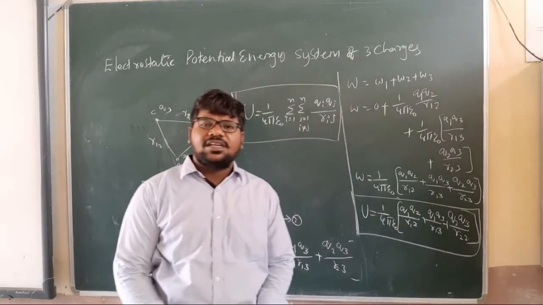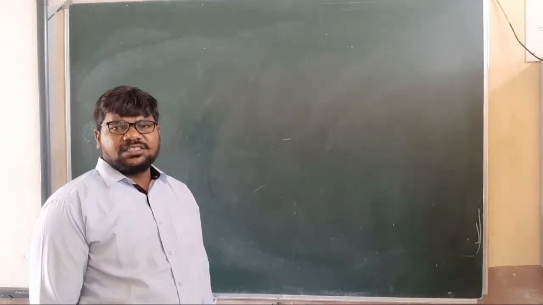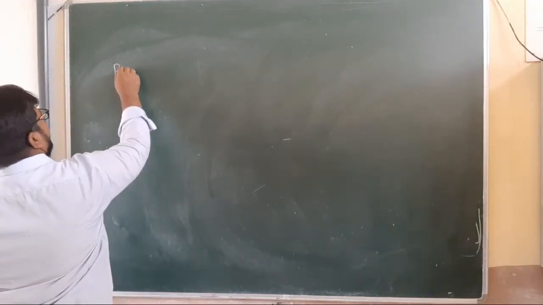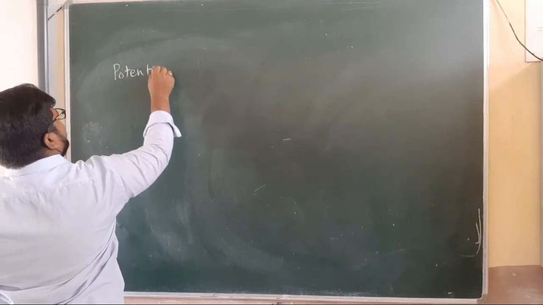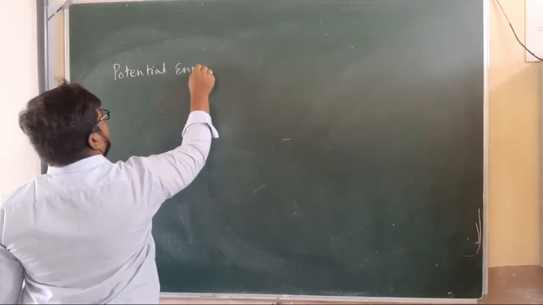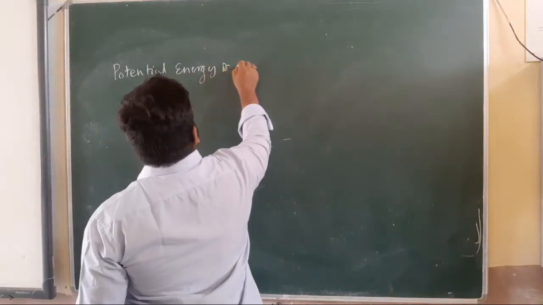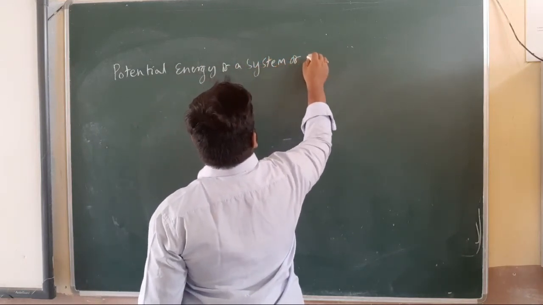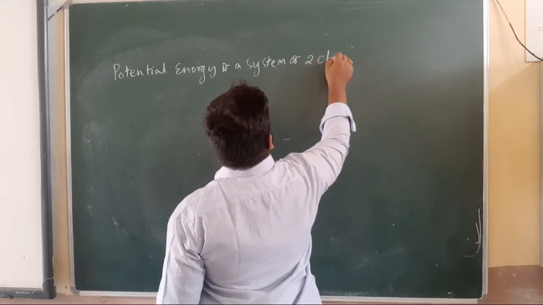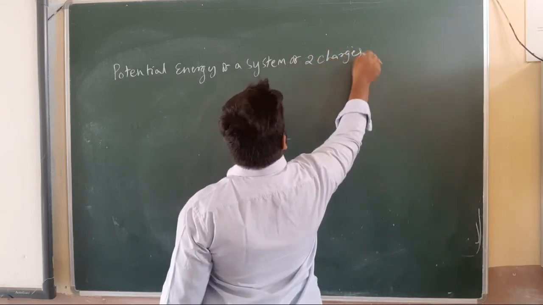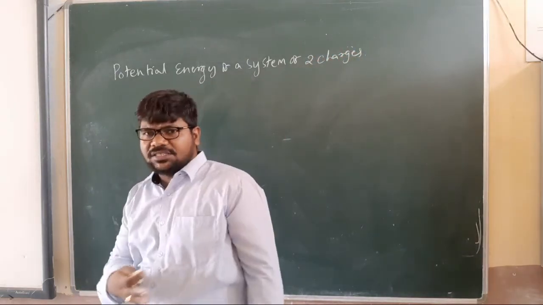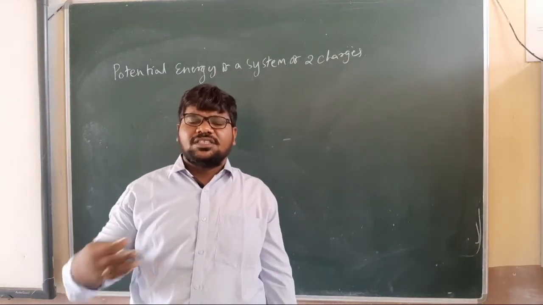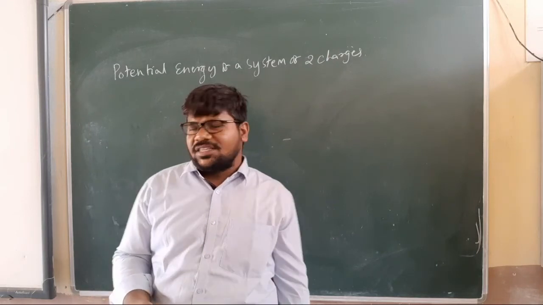It's clear by itself. The potential energy of a system of two charges. Okay, already in the previous case we discussed the amount of work done which is stored as potential energy.